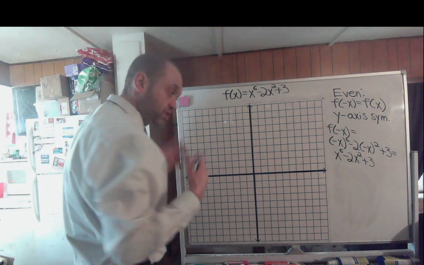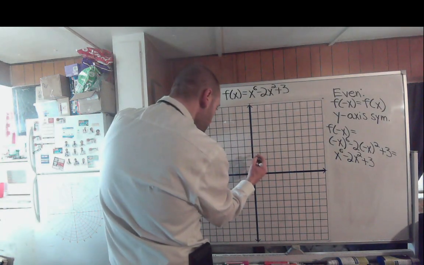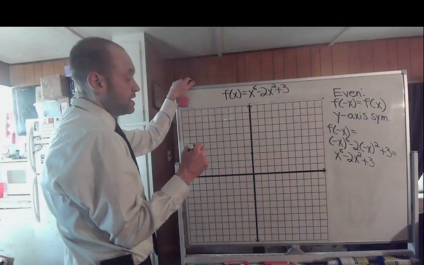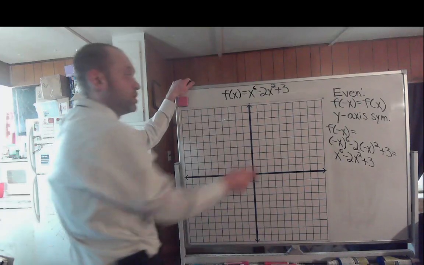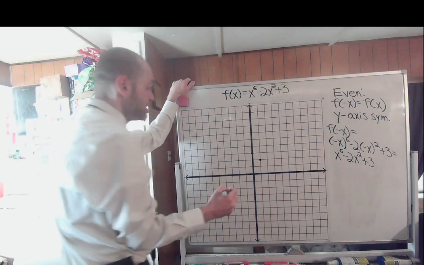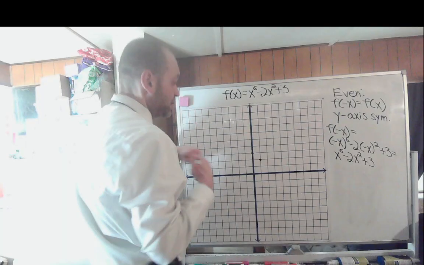Now, let's graph this so I can show you the symmetry. So at 0, when x is 0, I'll get 3. Now what about when x is 1? 1 minus 2 is negative 1 plus 3 is 2. Then if I do 2, I'd end up getting 60. Yeah, let's do f of 2.